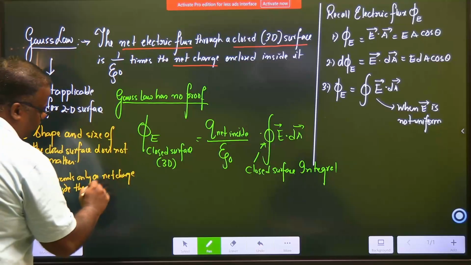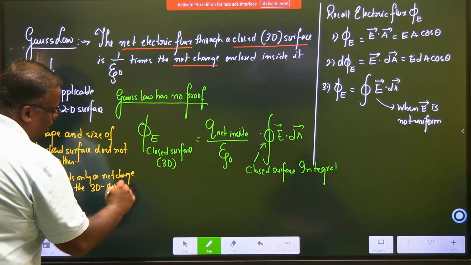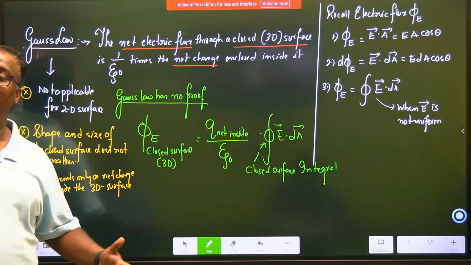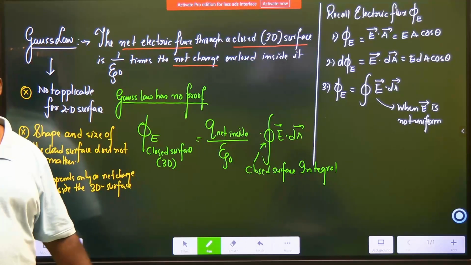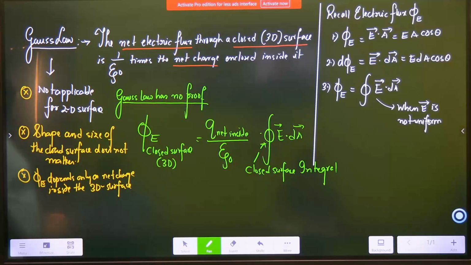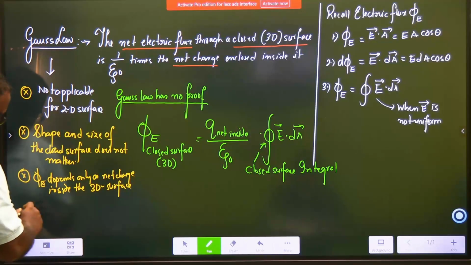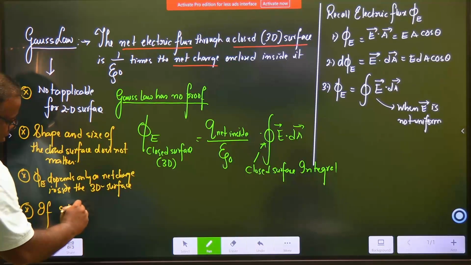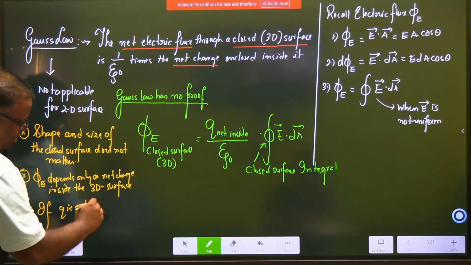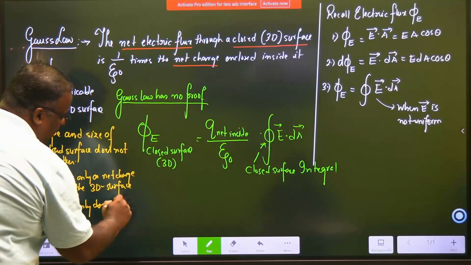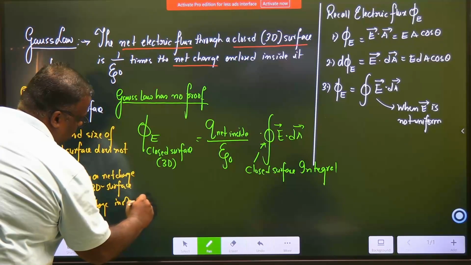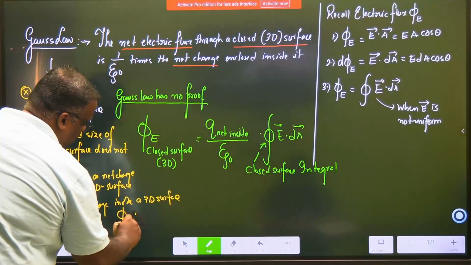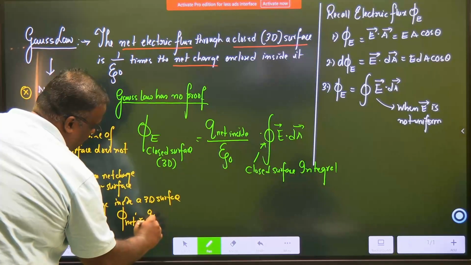Children, do you recall in our last class we did for a cuboid, then we did for a cylinder, which were all empty. There was no charge, and you had got what is the electric flux? 0, right? So it only depends on the net charge. So this definition says if Q is the only charge inside a 3D surface, then phi net will be equal to Q by epsilon naught.